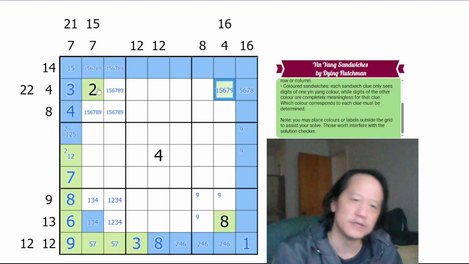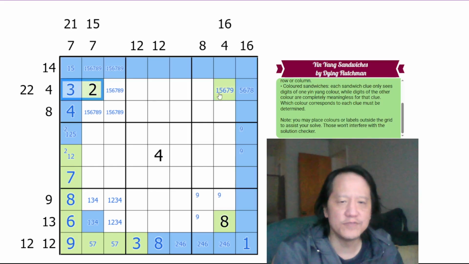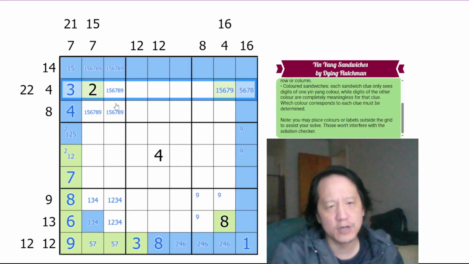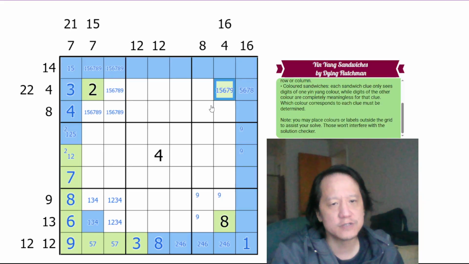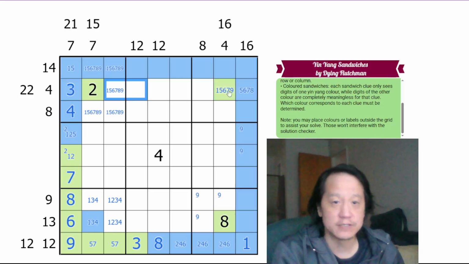The problem is all of these would have to be crusts, right, in this scenario. This does not work, though, because 1 and 9 obviously have to be crusts, and I think they have to be green. Well, it doesn't matter, actually.